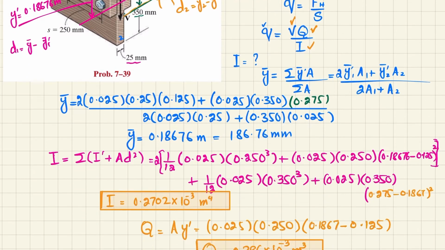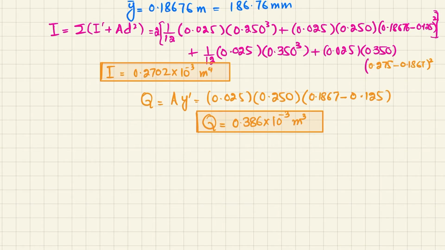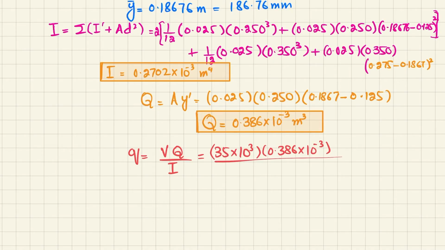So what we will do is that we will find this shear flow, which is equal to V into Q divided by I. So V is 35 kilonewton, so 35 into 10 raised to the power 3. Q is 0.386 into 10 raised to the power minus 3 divided by I, which is 0.270236 into 10 raised to the power minus 3.